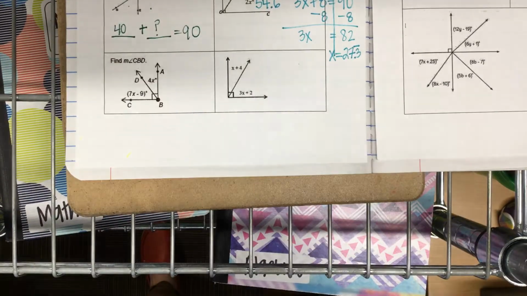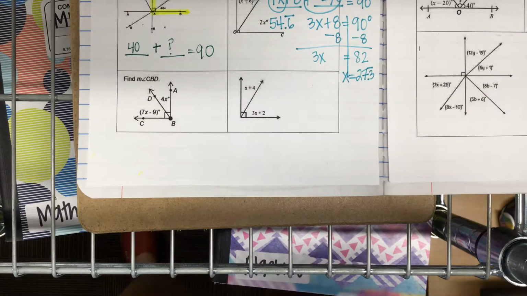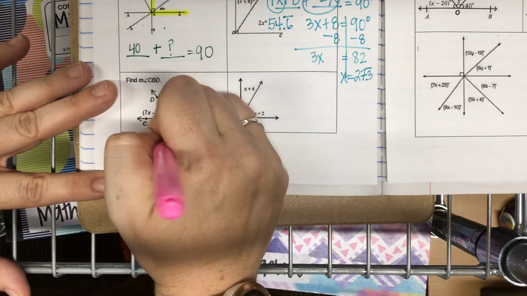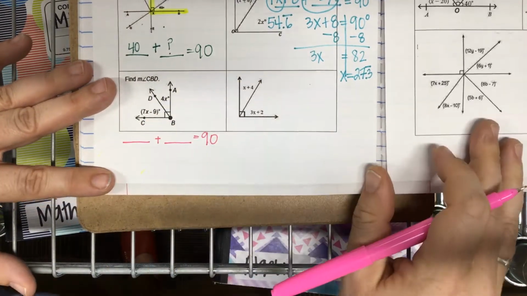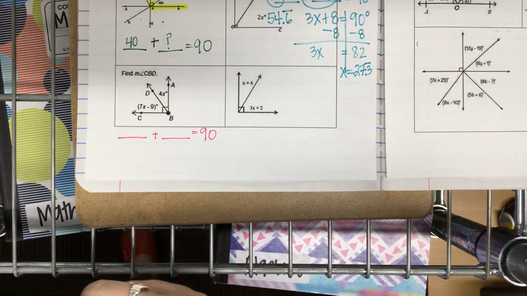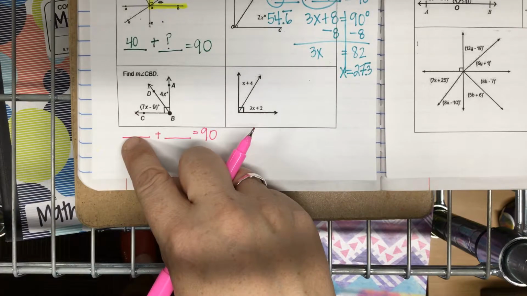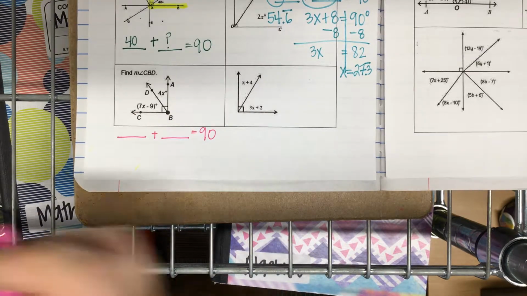All right, try this one. Two angles, add them together, right? Angle 1 plus angle 2 equals 90 degrees. Does it matter which of these two values goes in the first spot and which one goes in the second spot? Nope.